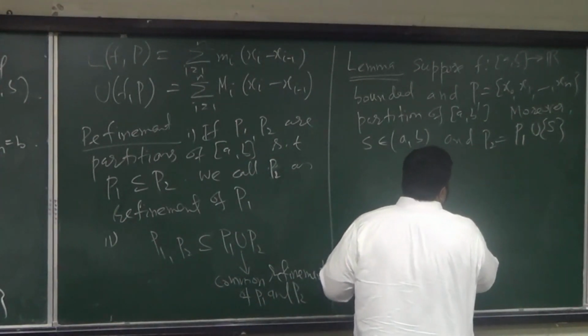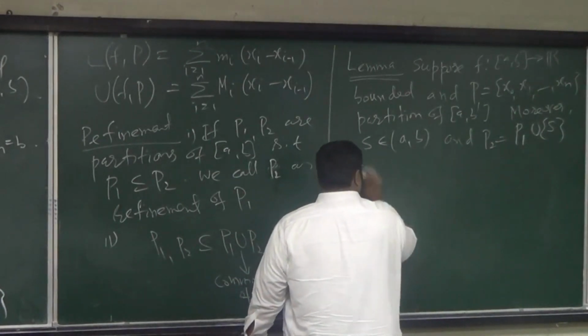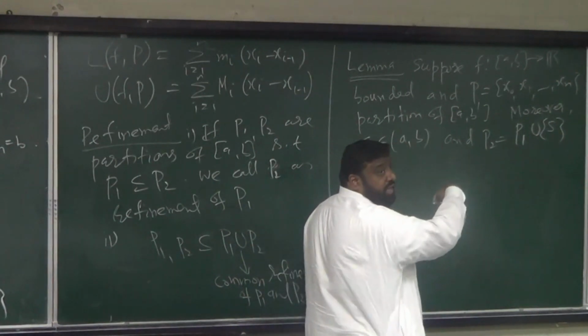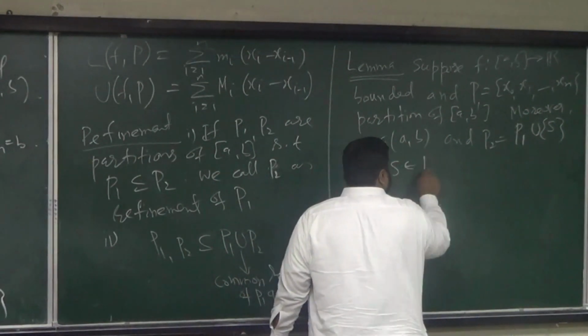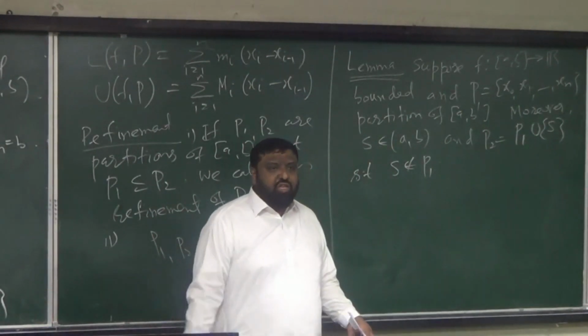Okay, P1 union s, such that obviously we want this s to be a new point. So obviously s cannot belong to P1, because if it belonged to P1, I'm not doing anything new.